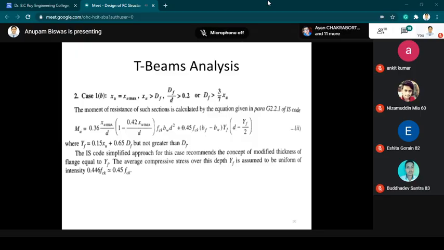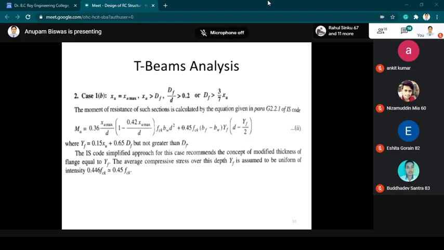So instead of xu max by 2, you substitute Df. So the moment of resistance for case 1a will be 0.36 FCK BW xu max, whole multiplied by d minus 0.42 xu max, plus 0.446 FCK into (BF minus BW) multiplied by DF, whole multiplied by d minus Df by 2. Okay, you can find this in the IS code, Annex G 2.2, the value of this MU.